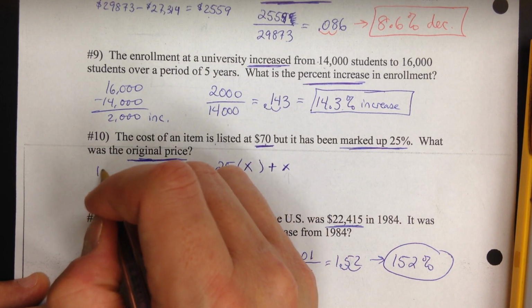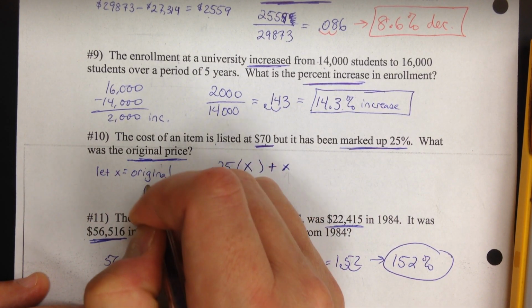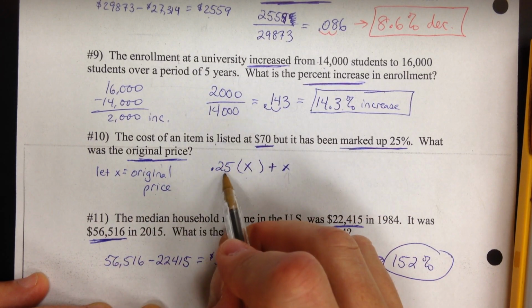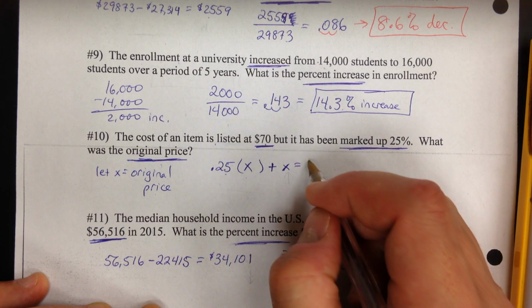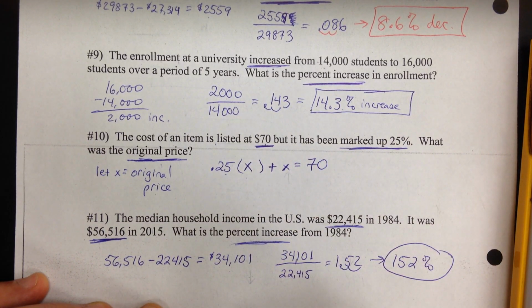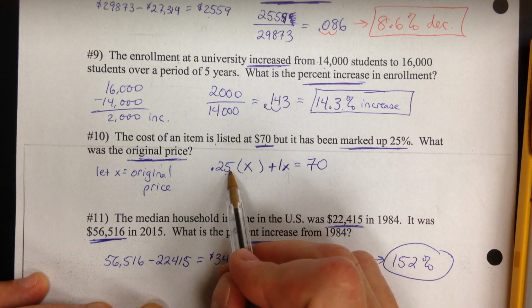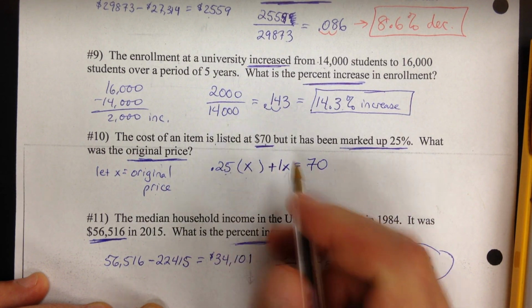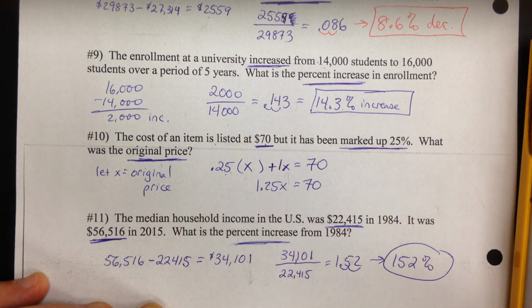So I could say let x equal the original price. If I take 25% of that price and then add it to the original price, the final price is 70. That's the listing price. So what happens here is I have an equation, 0.25x plus 1x. I can add those. 1.25x equals 70.